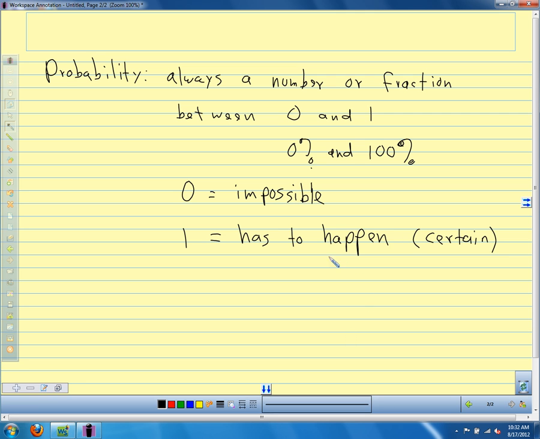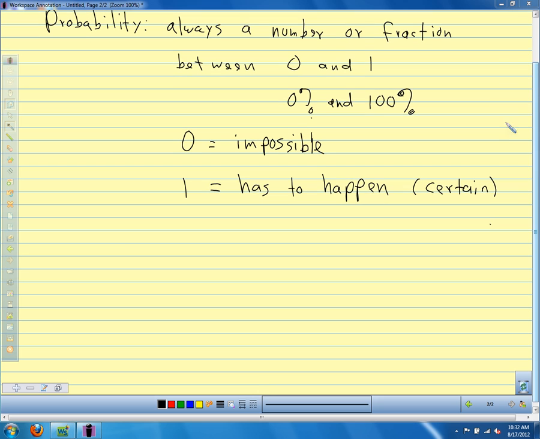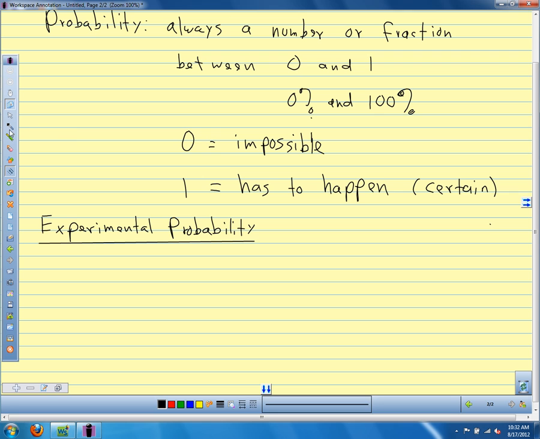I think these are all things that we have a pretty good idea of after we talked yesterday. So let's talk about experimental probability, and then we'll do an example. Our experimental probability is the same idea, but instead of using what we know about a particular situation, we do an experiment.